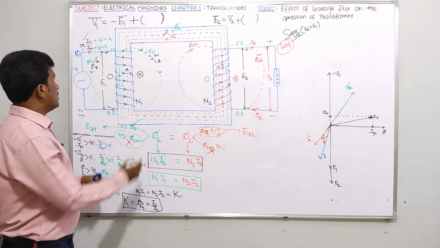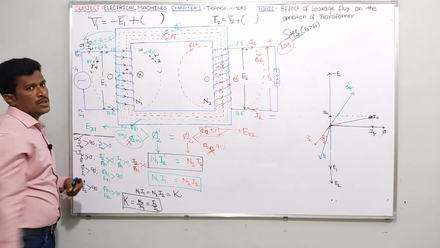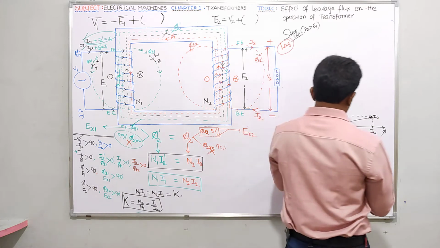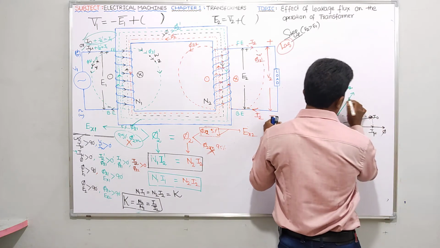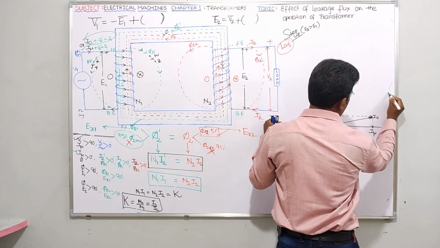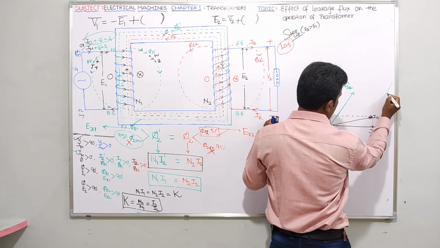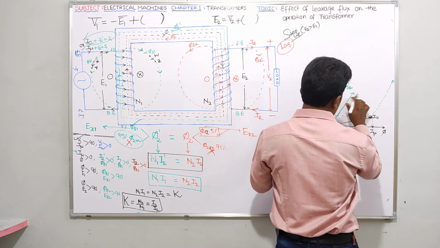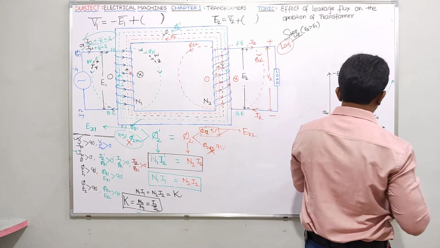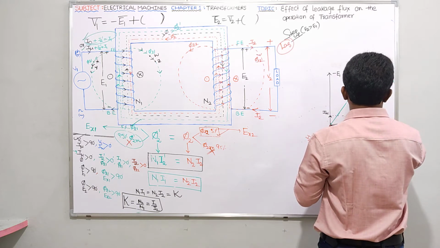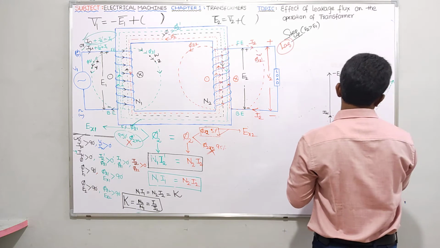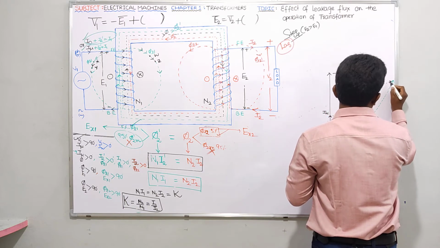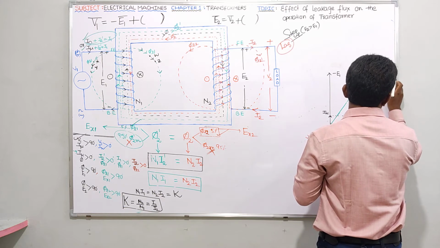And tell me, the vector sum of I0 and I2 dash gives you what? I1. So let me add to this I0, let me add the I2 dash vector. Or to this I2 dash, let me add the I0 vector. So that resultant is nothing but what? I1. Resultant is nothing but I1.